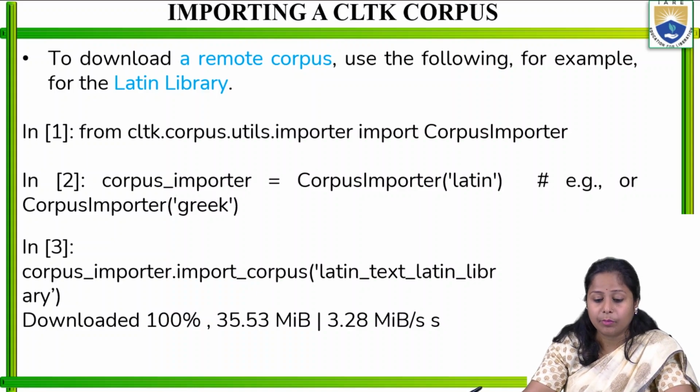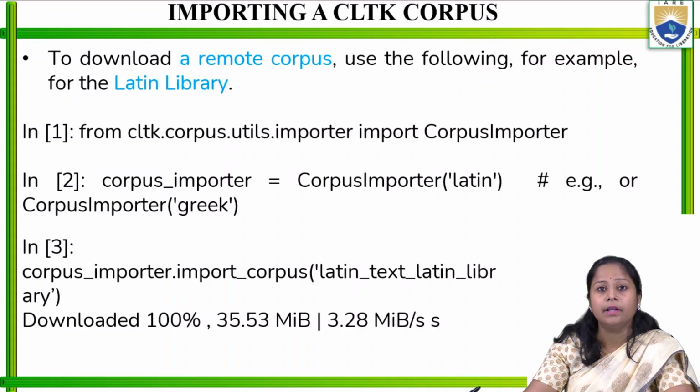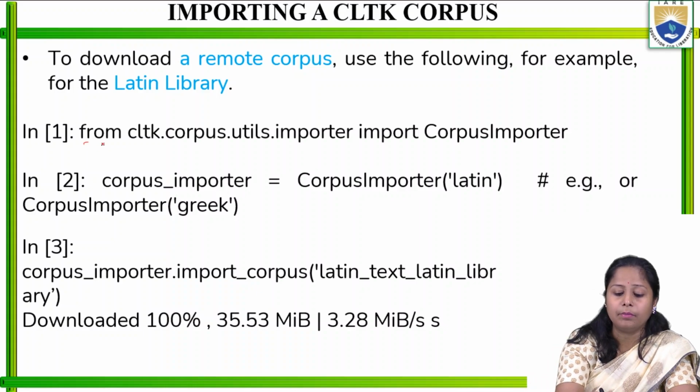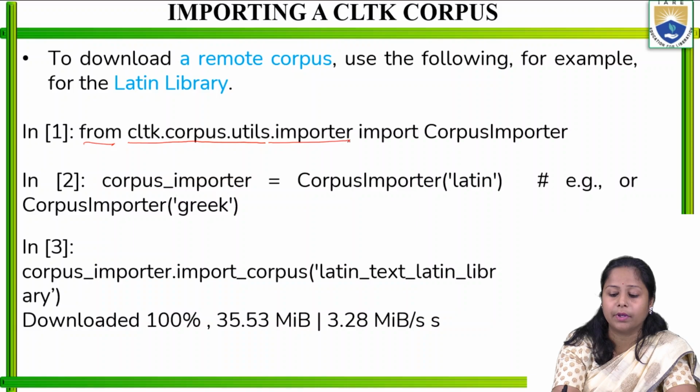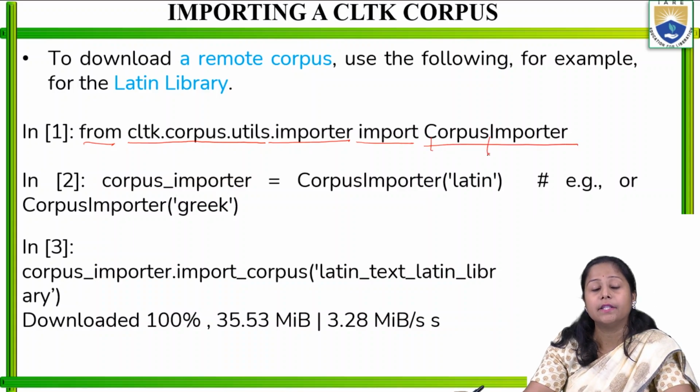To download a remote corpus, we use the following. For the Latin library, we need to write from cltk.corpus.utils.importer import CorpusImporter. Here C and I are capital, that is a predefined class to import the different corpora.